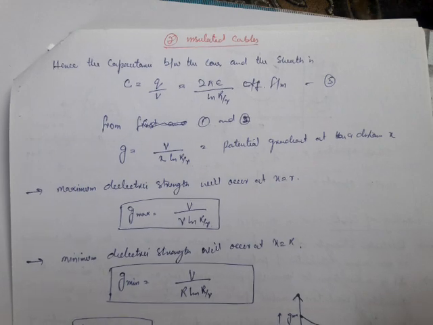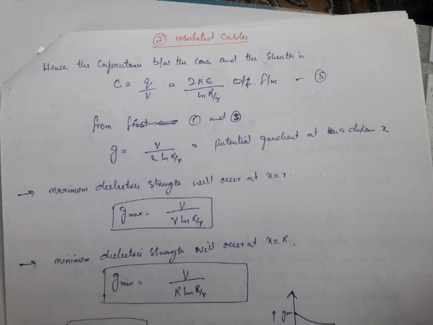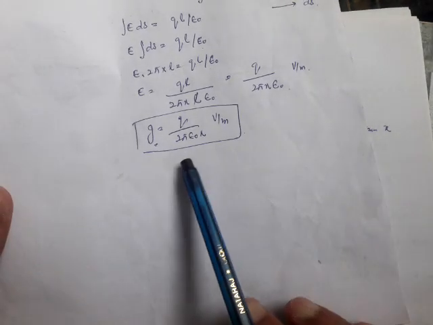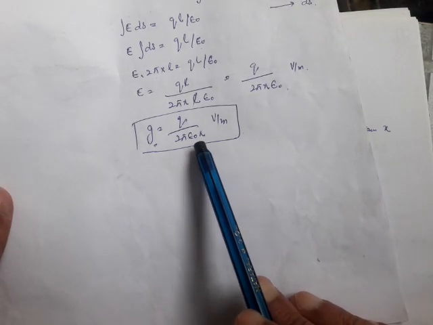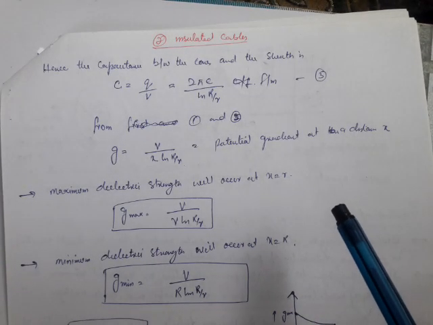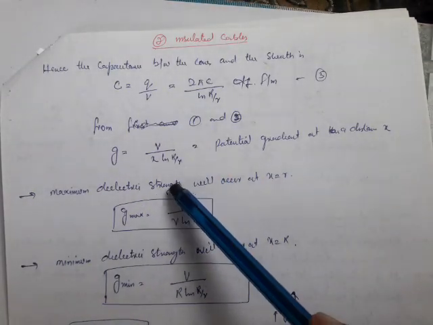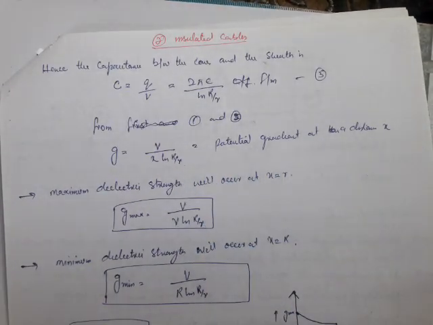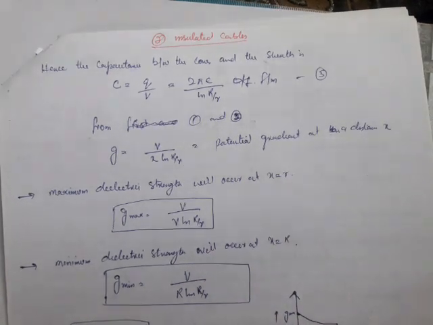In the earlier equation, G is equal to q divided by 2 pi epsilon 0 x, I replace q divided by 2 pi epsilon 0 with V divided by ln of R by r. These two equations you can do on your own. So this is the potential gradient at x.